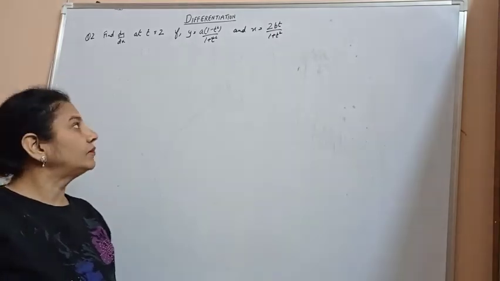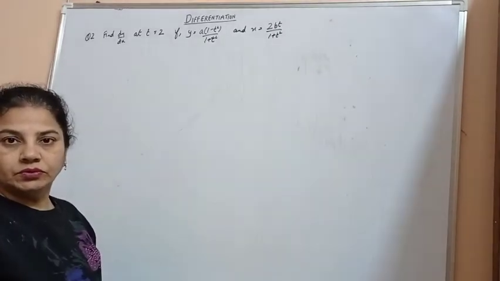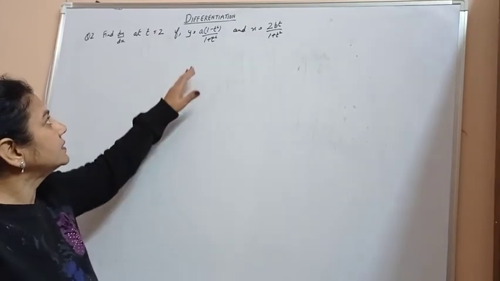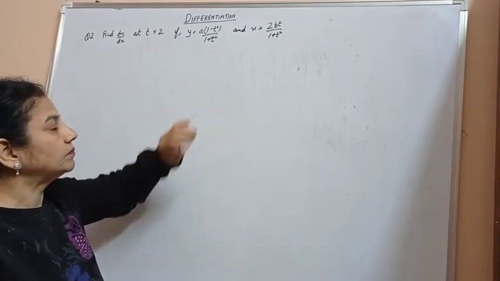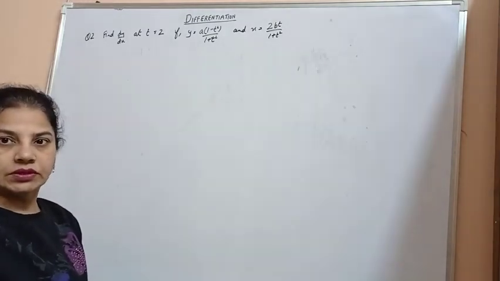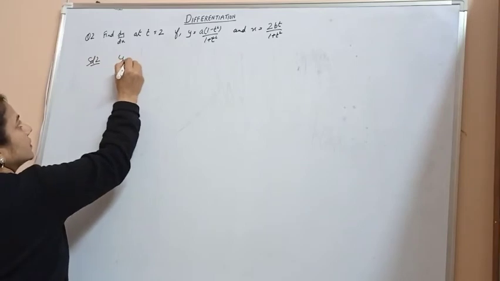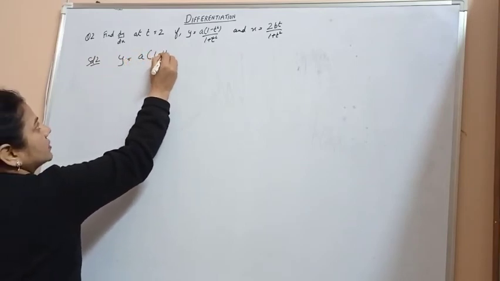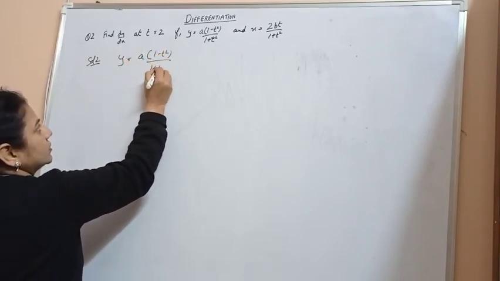Find the derivative of the function at t is equal to 2 when y is given as a into 1 minus t square upon 1 plus t square and x is expressed as 2bt upon 1 plus t square. The function of y is a into 1 minus t square upon 1 plus t square.